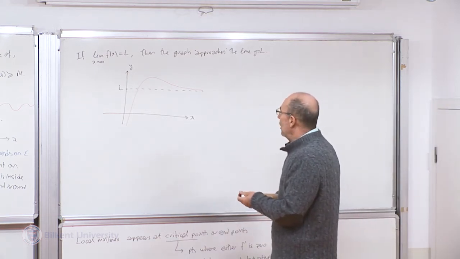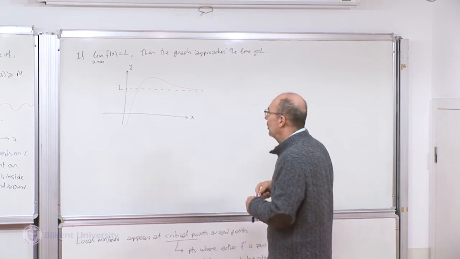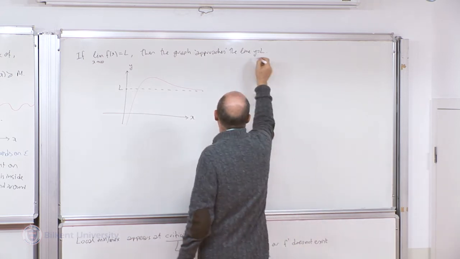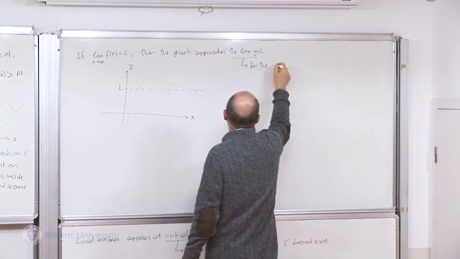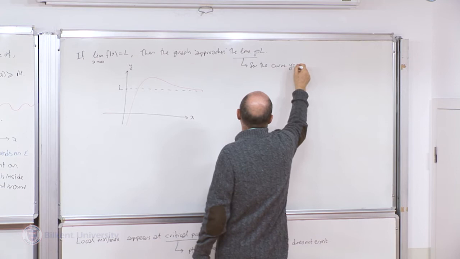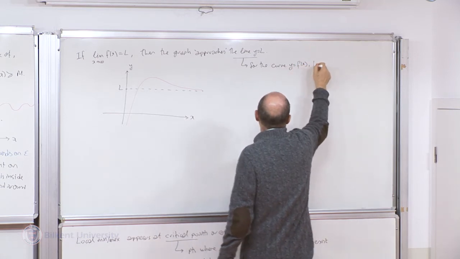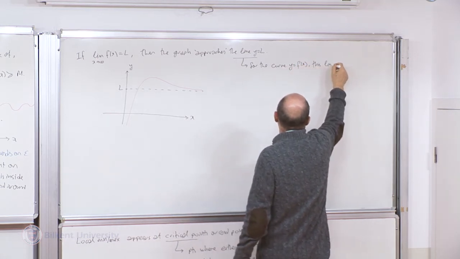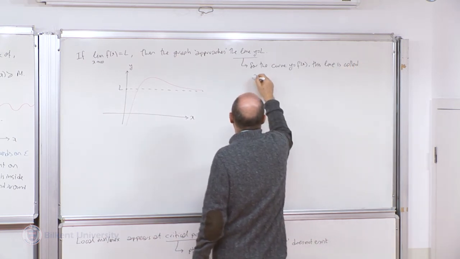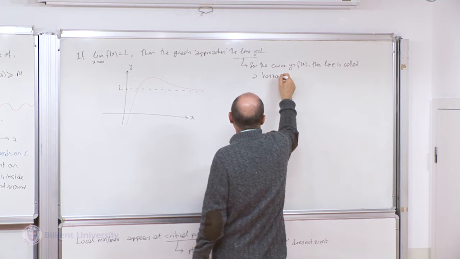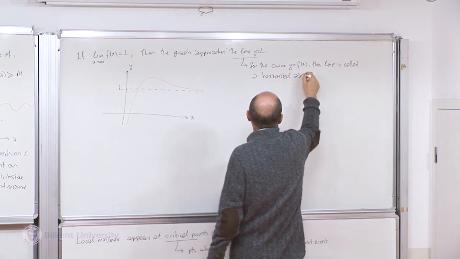We call this line a horizontal asymptote for the curve y equals f of x.